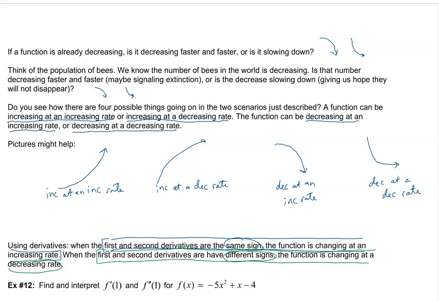So let's take a look at how that applies up above. So increasing functions have positive first derivative, all right, greater than 0. So both of my first graphs have a positive first derivative. Both of my second graphs have a negative first derivative because they're decreasing.